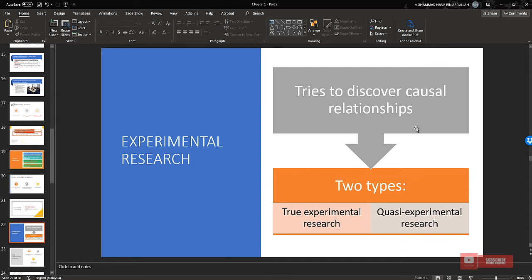We have two types of experimental design: true experimental research and quasi-experimental research. The difference between them is randomization. True experimental research requires complete randomization. Quasi-experimental research does not require full randomization.